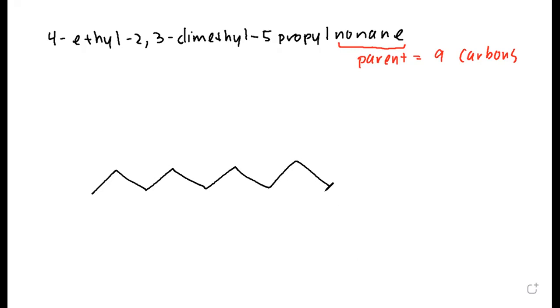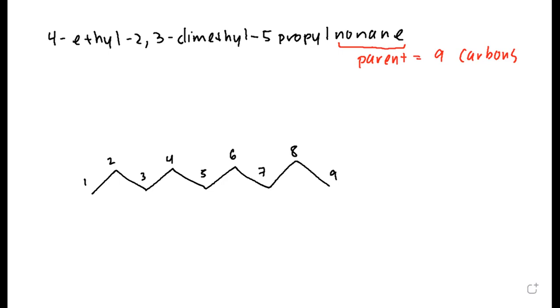I can number this any way I want because I'm drawing this based on the name. As long as I number it and then I stick with those numbers as I'm adding on these substituent groups, I can do it whatever direction I want. So I'm going to start here with 1, 2, 3, 4, 5, 6, 7, 8, 9. So there's my parent chain.